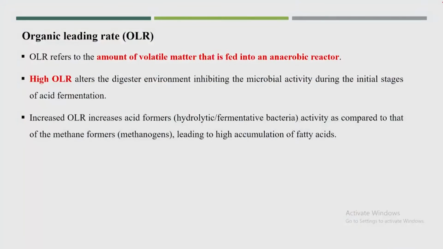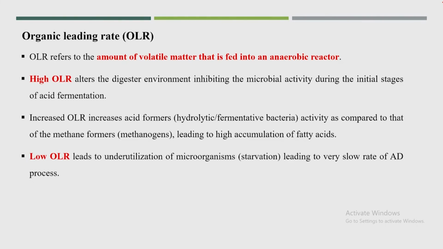And increased OLR increases acid former activity as compared to methane former, leading to high accumulation of fatty acids. So, this is also a very important factor, and low OLR leads to starvation of microorganisms, leading to a very slow rate of anaerobic digestion process.